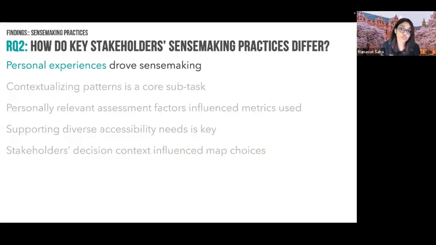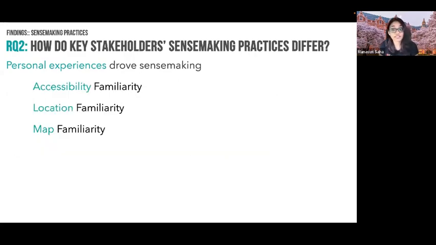Let's focus on the first one, on how their personal experiences drove their sense-making process. We found that an individual's relation to accessibility through lived or professional experience, familiarity with the location being visualized, and familiarity with the map-based analysis influenced their process as well as the insights they gained.